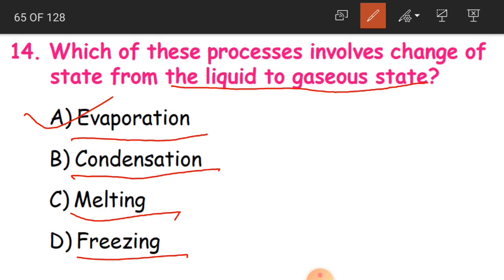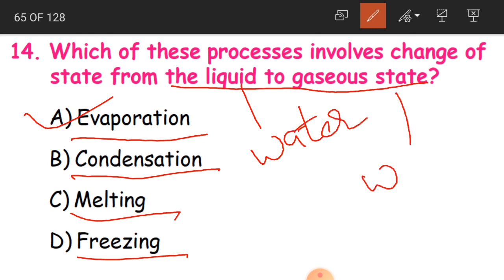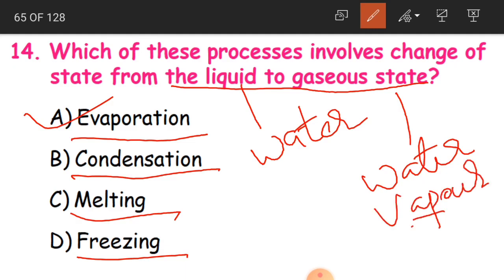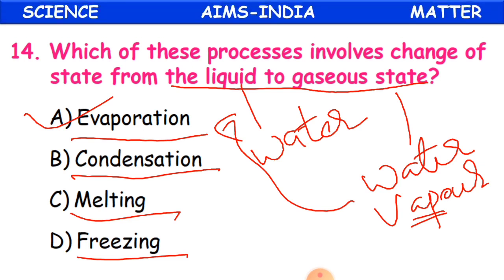For example, water is liquid. When water is heated, what happens? You will get water vapor. And the change of water into water vapor is nothing but evaporation. So A is the correct answer.